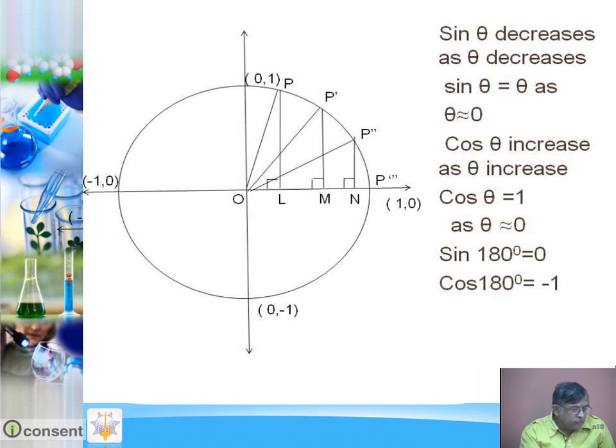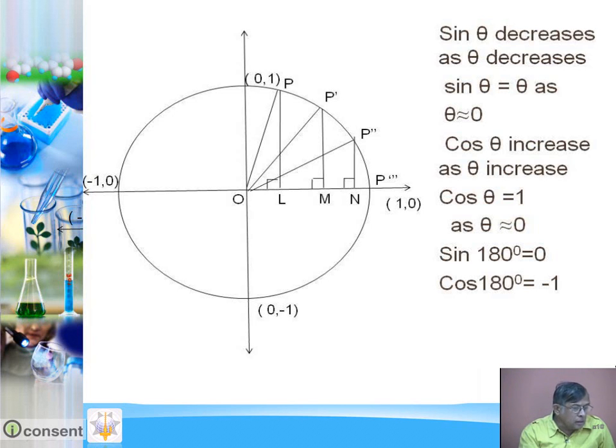Now sin theta is the opposite side upon the hypotenuse, meaning y upon r. So when the angle decreases, the sin ratio decreases. But for cos, x upon 1, or x upon r: as the angle decreases, the x coordinate increases, and therefore the cos ratio tends to 1.